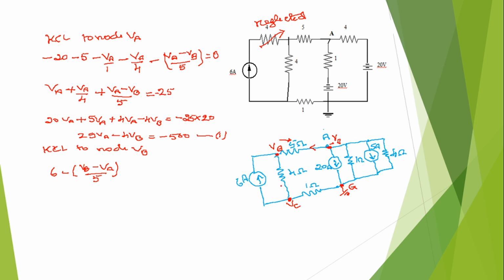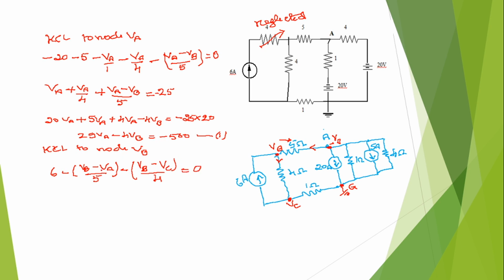What about the current through this passive element? VB is the higher potential assumption, so this is the outgoing current. So minus, what is the potential drop across it? That is VB minus VC by 4 equal to 0.